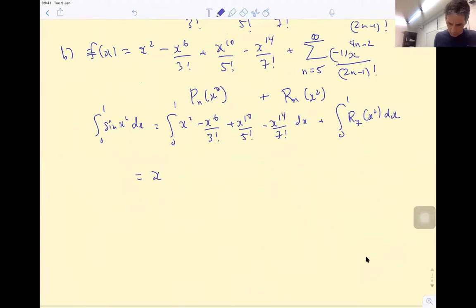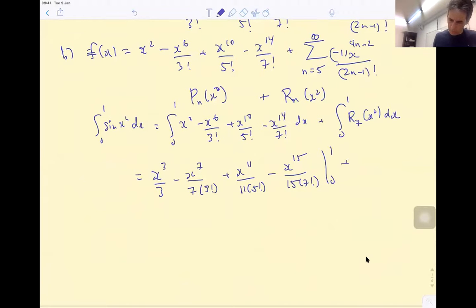So what's it going to be? Well, it's x cubed over 3 minus x to the 7 over 7 with the 3 factorial down there, x to the 11 over 11, 5 factorial, x to the 15 over 15, 7 factorial between 0 and 1, plus we'll just call this error so we don't have to write all that notation out every time.